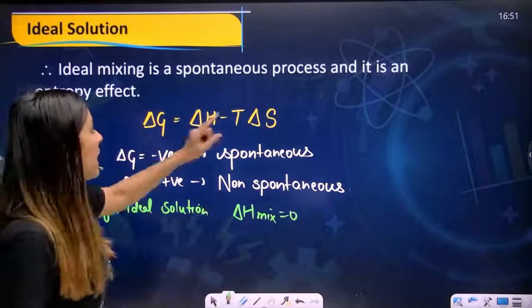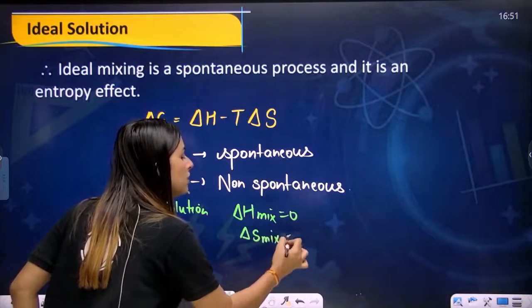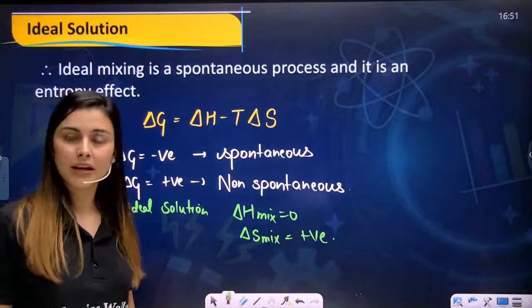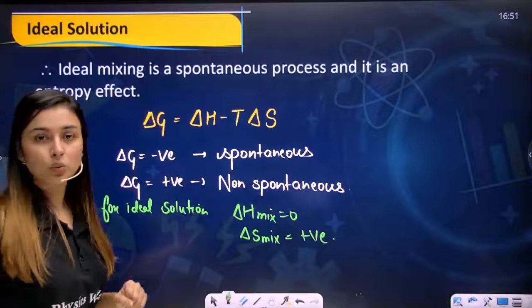And I also know that delta S mixing is always a positive value. If you put these two values in this expression, what will you get?